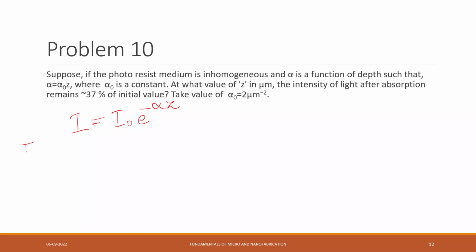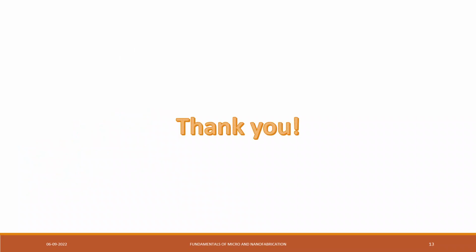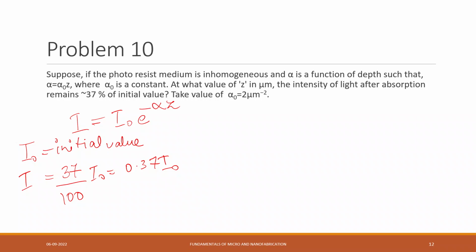So considering the initial value of light intensity is I naught, the final I is 37% of I naught, essentially 0.37 I naught. If we put it in this equation, 0.37 I naught equals I naught times e to the power alpha z.